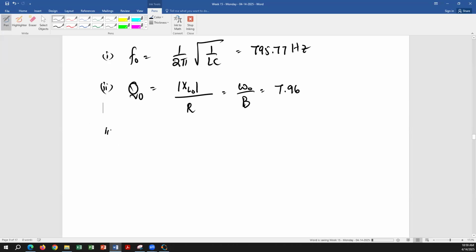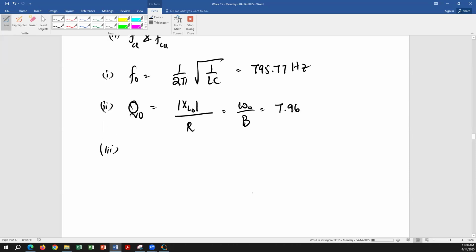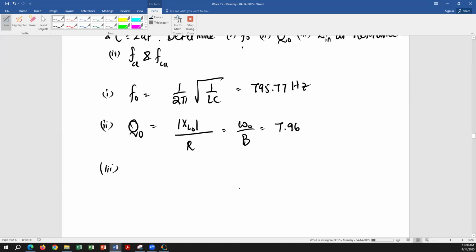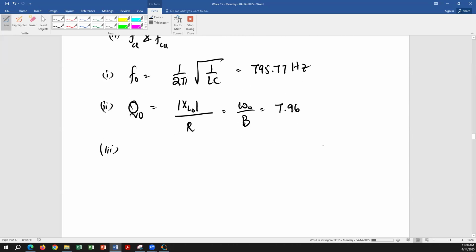Number 3. Impedance value at resonance, the input impedance at resonance.